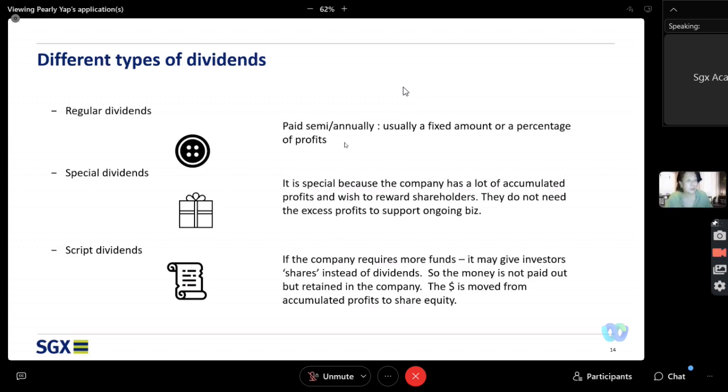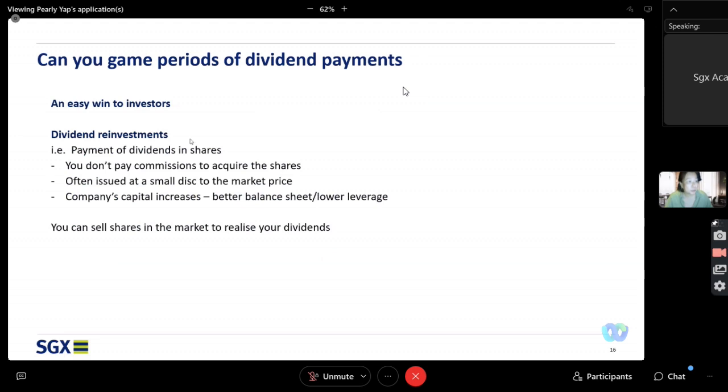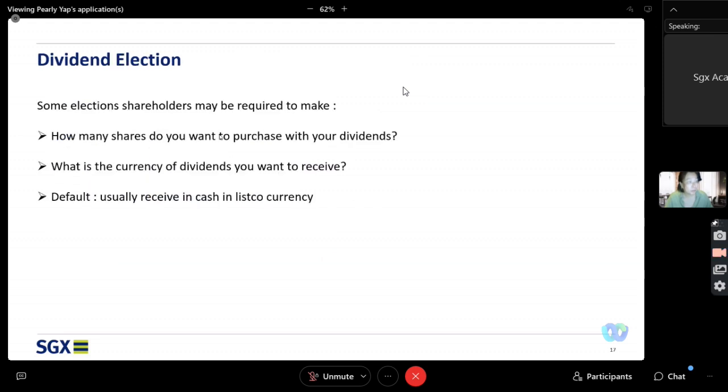Okay, now I will explain to you, right? Let me skip this and explain to you. Dividend election. So you may have, in a scrip dividend circumstance, you may have to think about how many shares you want to buy from your dividends. Because say, for example, you receive $1,000 in dividends, right?